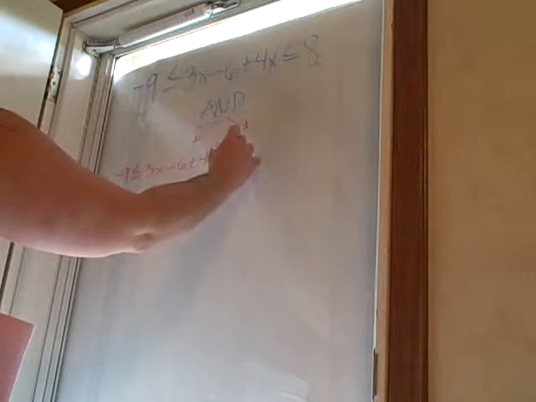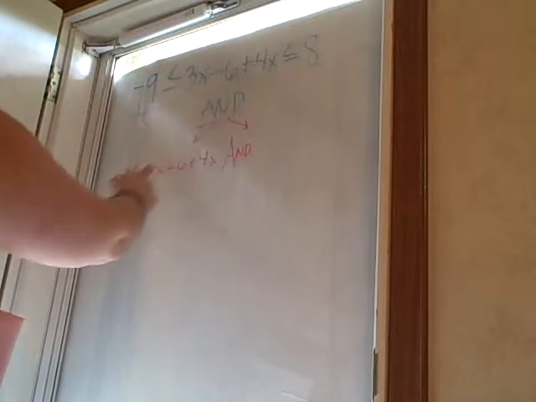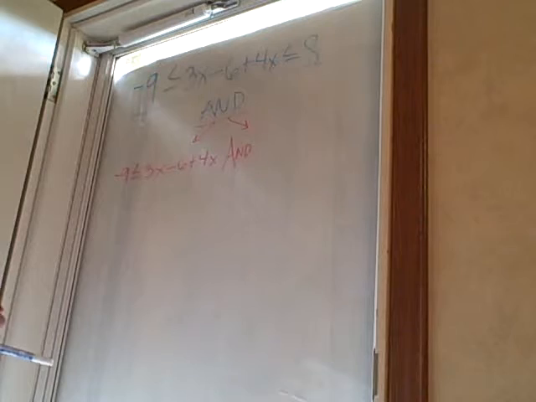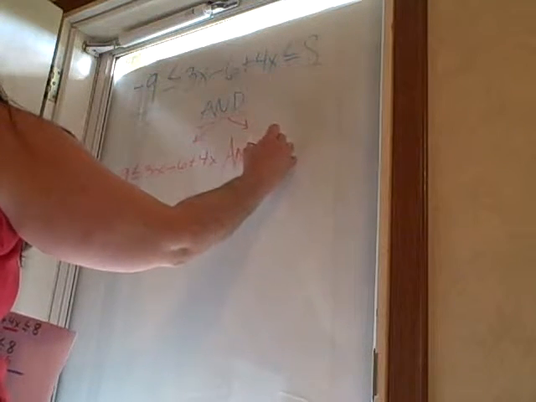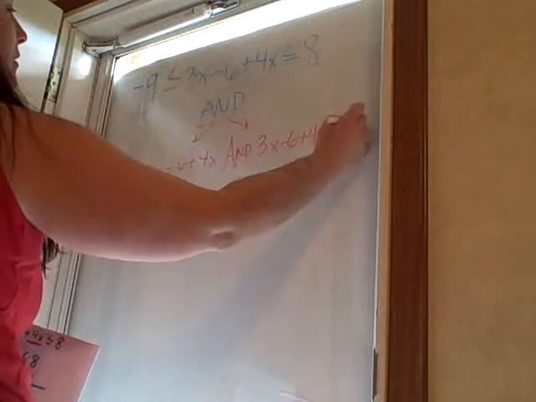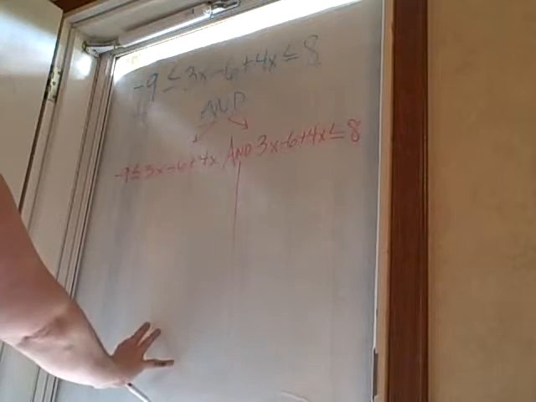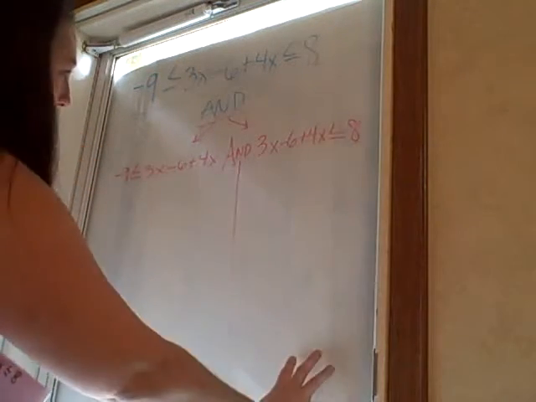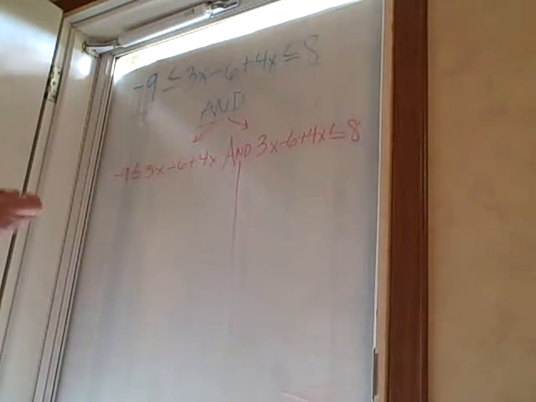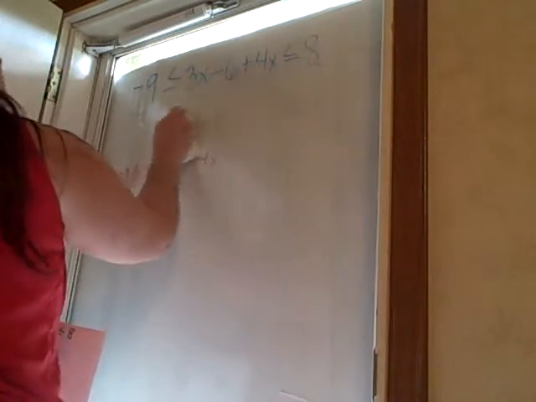And then we put the word and, then we rewrite this whole thing, which is why we don't do it. 3x minus 6 plus 4x is less than or equal to 8. And then we solve this one, and then we solve this one. Well, that's not how we have chosen to do it. We have chosen to be a little bit advanced and do it all at one time.